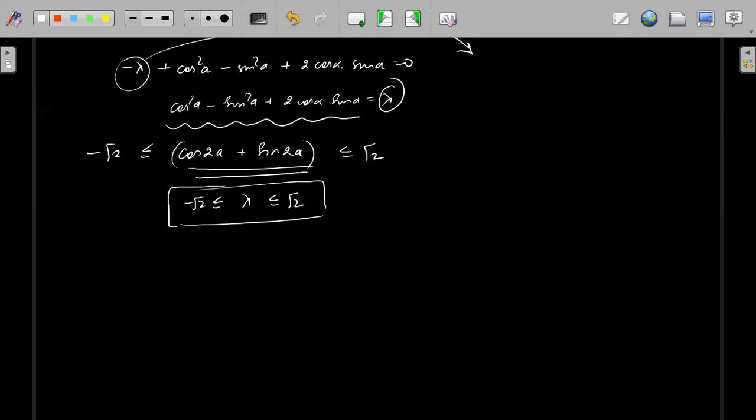Understood? I hope everybody knows how we are getting this part. Copy this one also. This we have done in trigonometry.